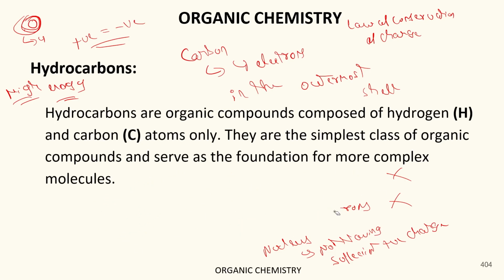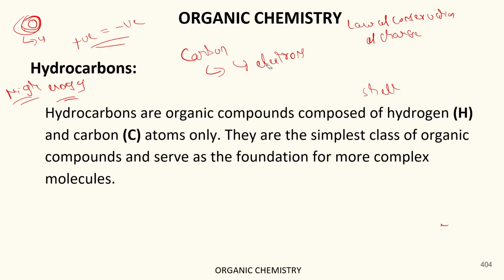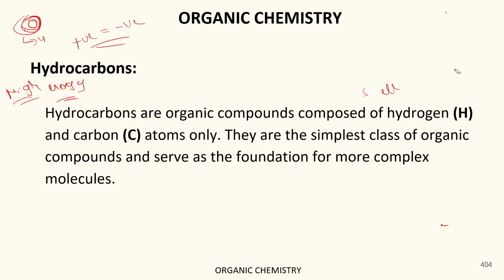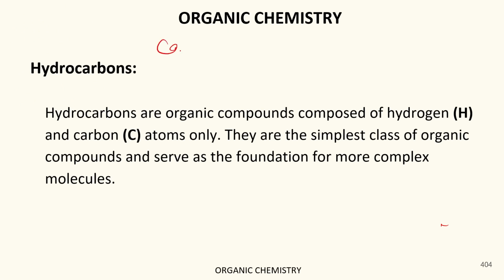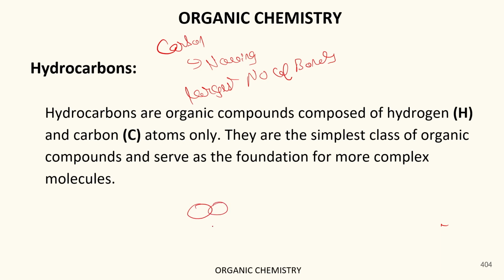But remember one interesting fact: despite all these things, carbon has the largest number of bonds, meaning carbon does the largest number of bondings with other atoms or other elements.